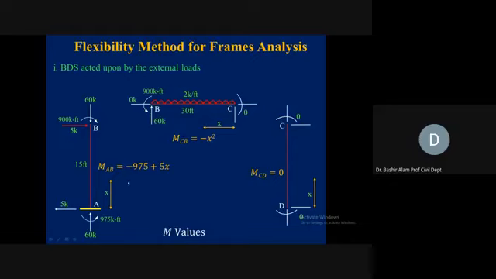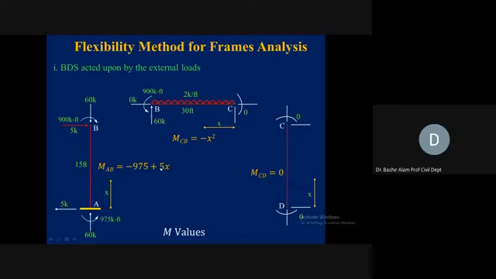Now how is this moment equation MB written? Here the origin is taken as A. So we have a moment of 975. Why is this causing negative? Our sign convention is that if we have tension on the outer fiber, it is a negative moment. What is the outer fiber?